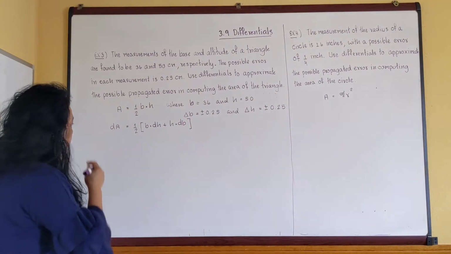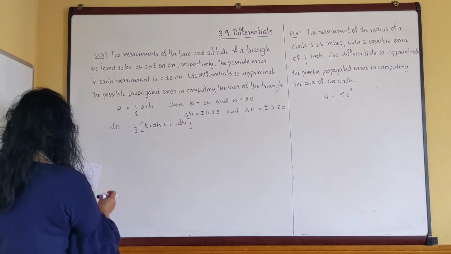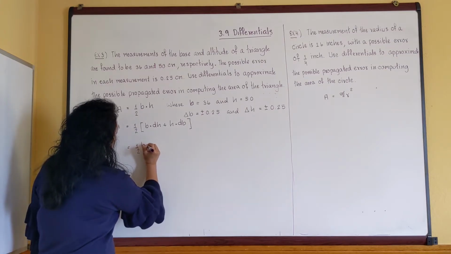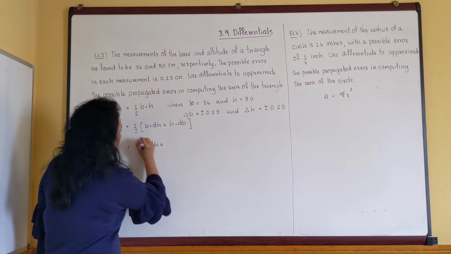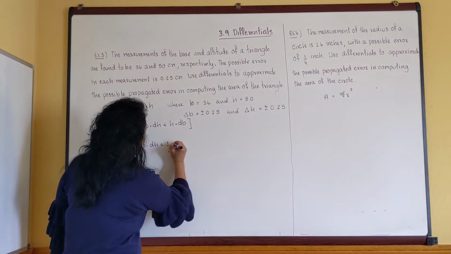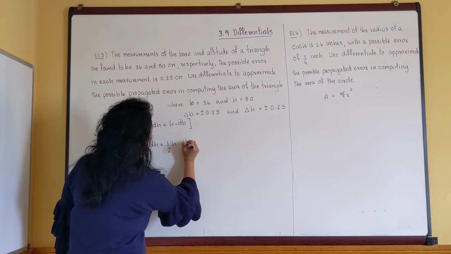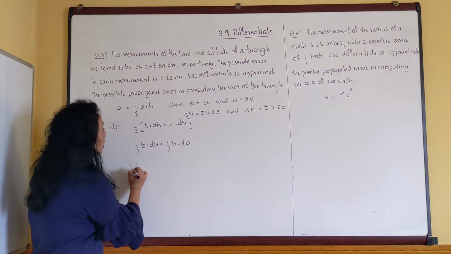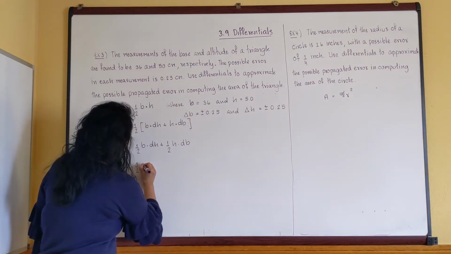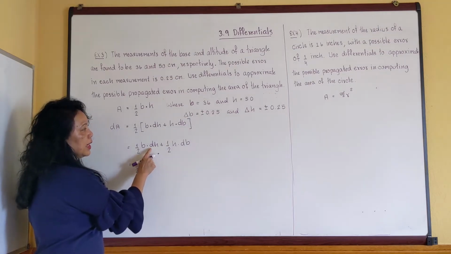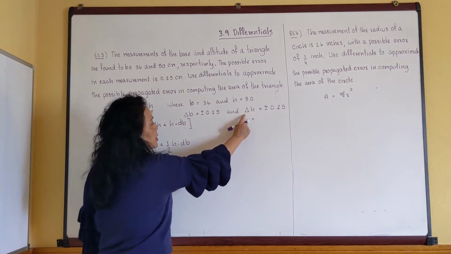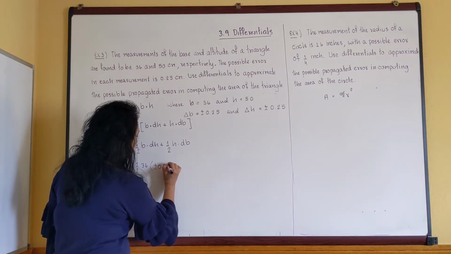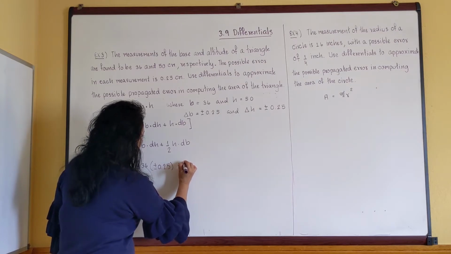Alright, now I'm going to plug in the numbers. So 1/2 b times dh plus, distributing 1/2, h times db. Alright, now 1/2 is 1/2. My base is 36 and dh, I'm going to replace by delta h, which is plus or minus 0.25, plus 1/2.